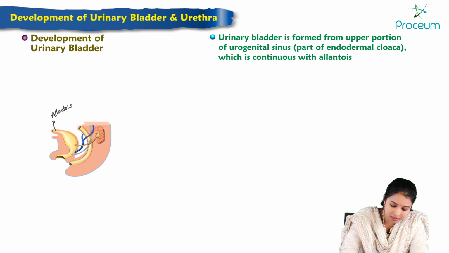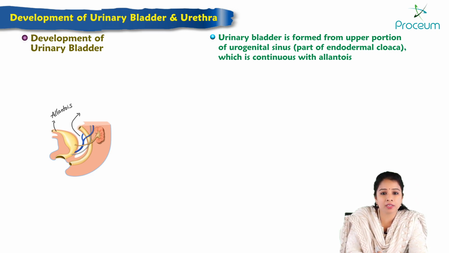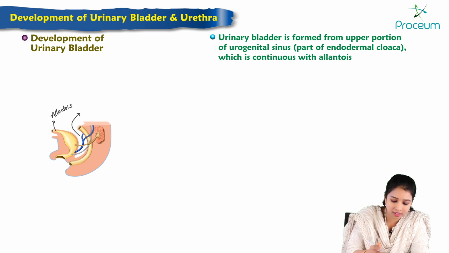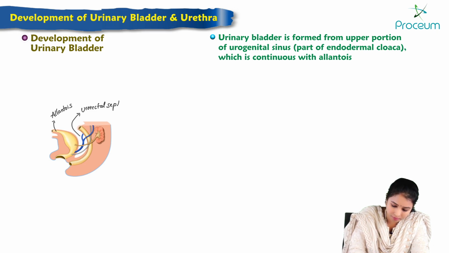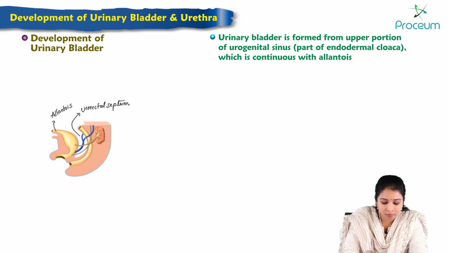And because of urorectal septum, this is the septum which is growing in between the primitive rectum and urogenital sinus. So this urorectal septum divides the post-allantoic part.